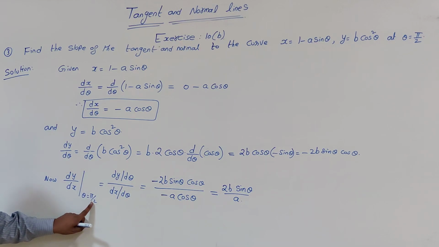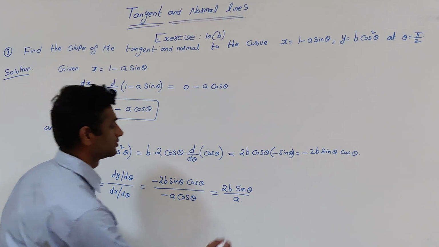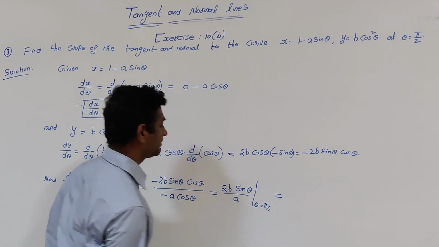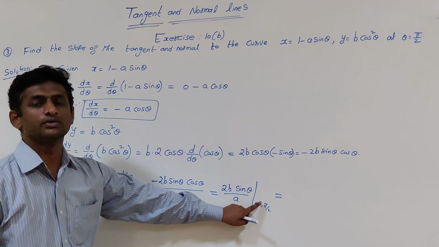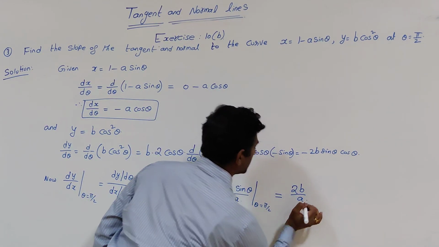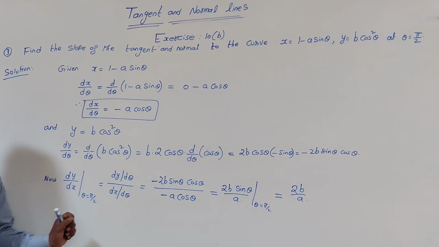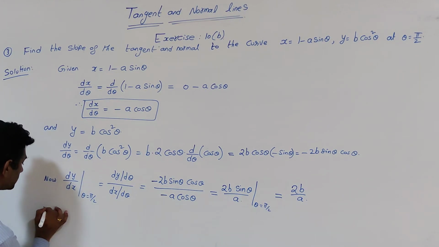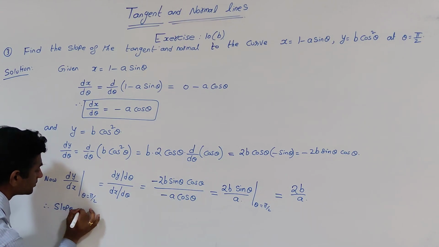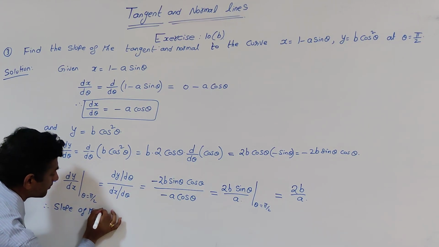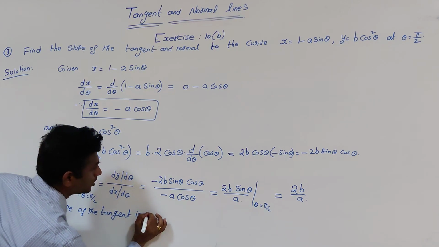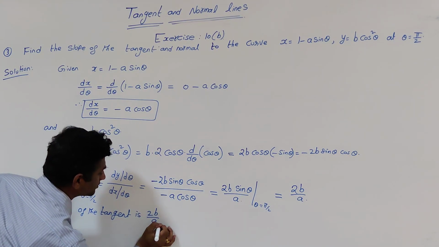But at what point? Theta is equal to pi by 2. Substitute theta is equal to pi by 2, sin 90 becomes 1. So it will be 2b by a. That is the slope of the tangent. So slope of the tangent is 2b by a.